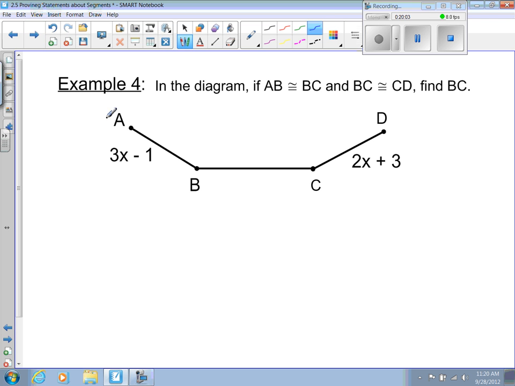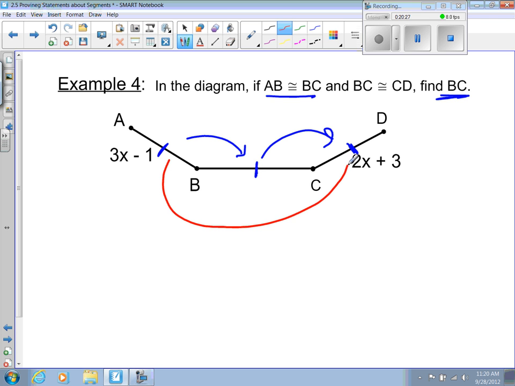And then this one, they want us to find BC. So in the diagram, AB is congruent to BC, and BC is congruent to CD. Okay, so this is congruent to that. This is congruent to this. So how can I set this equation up?